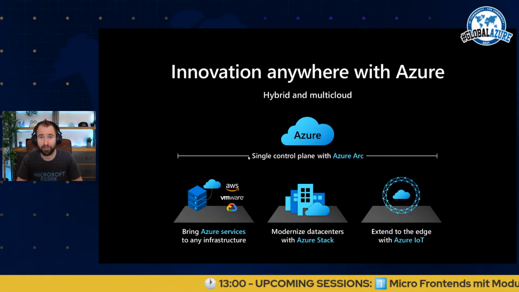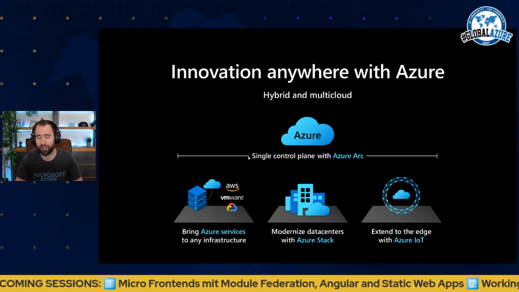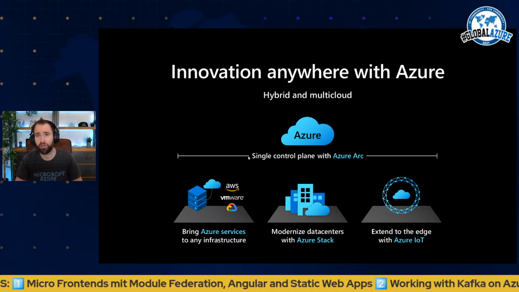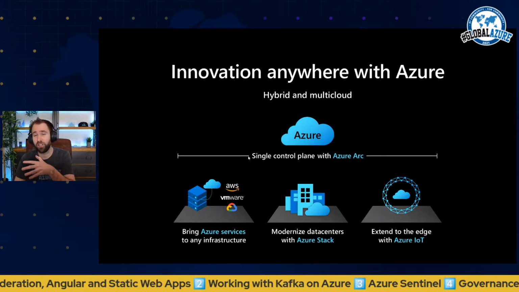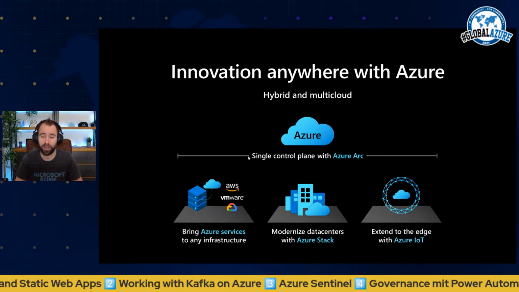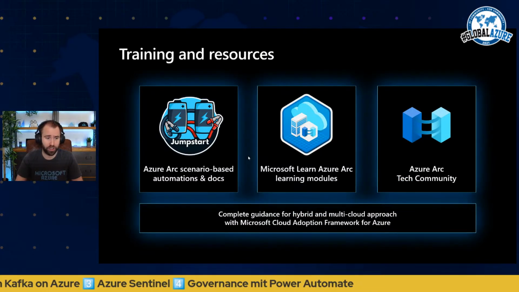So some really great stuff here, and obviously we're not done yet, so expect more announcements in the future, and obviously we're working on things which you can try out in public preview, like SQL Server management or the Azure Arc-enabled data services. If you want to learn more, I highly recommend a couple of different resources.